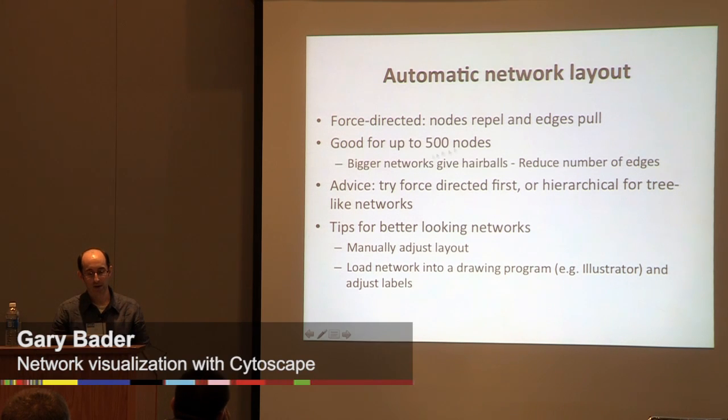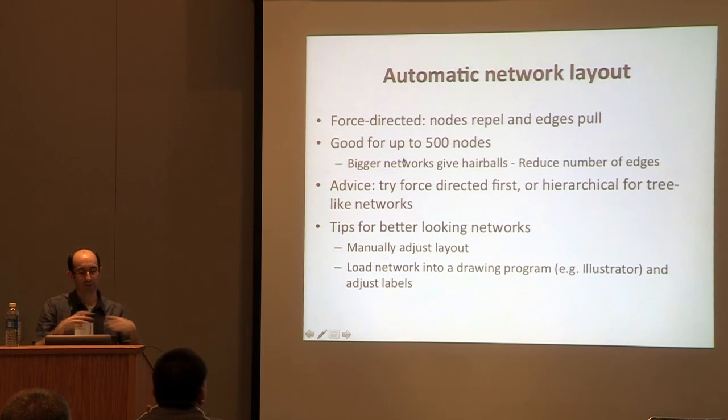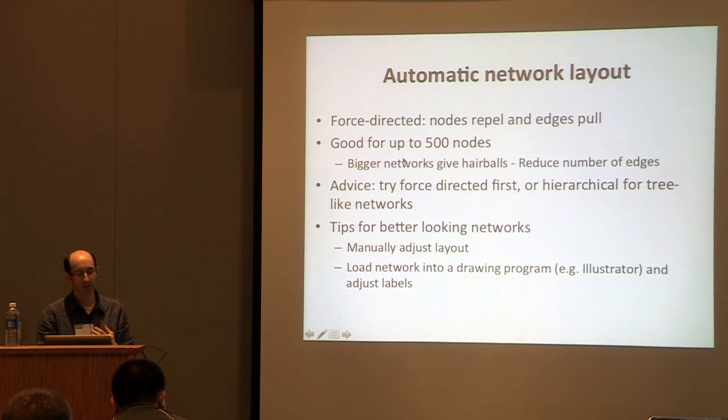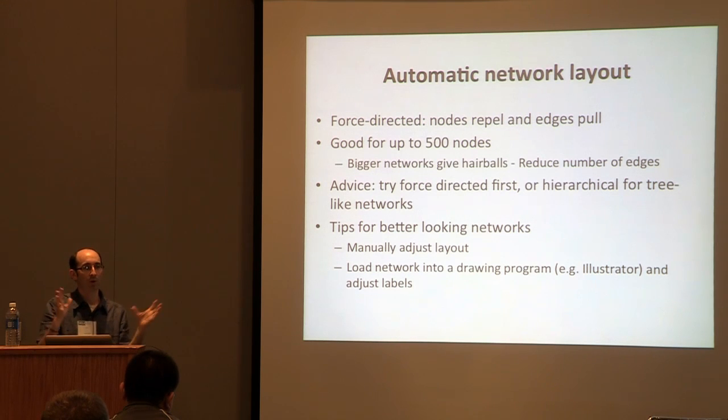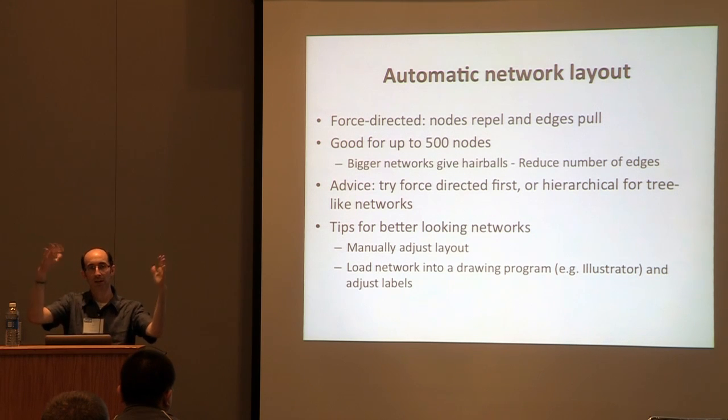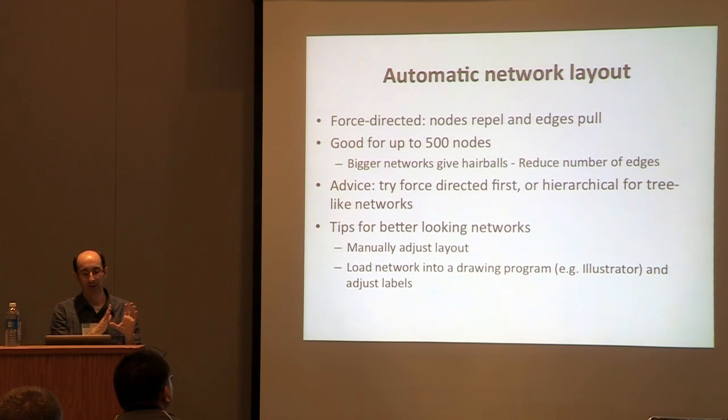It's usually very good for networks up to 500 nodes. With bigger networks you can have problems visualizing them if there are too many nodes and too many edges. So in general, if you have a network that you're trying to visualize and it's too complex, well, one, you could try to visualize the heat map version. The other way is to reduce the number of edges that you are looking at.